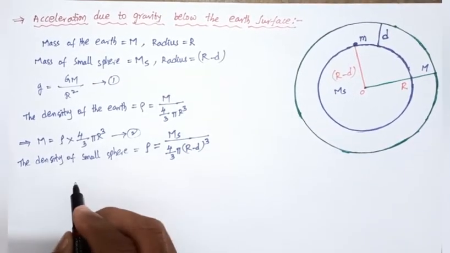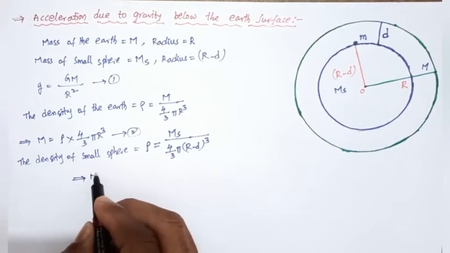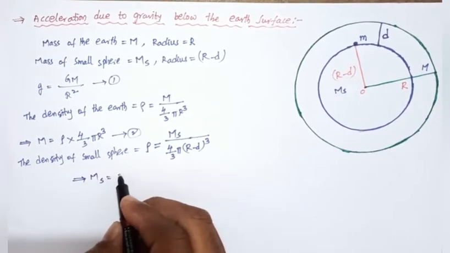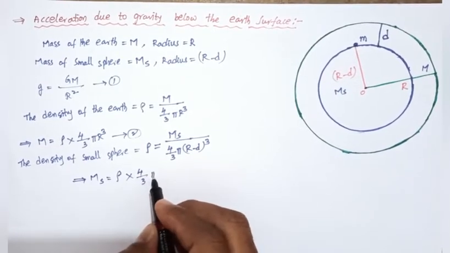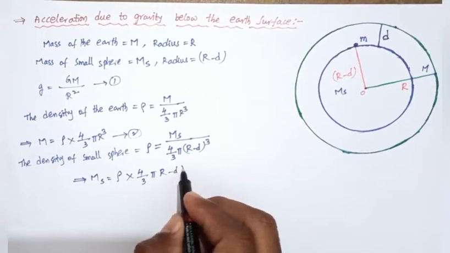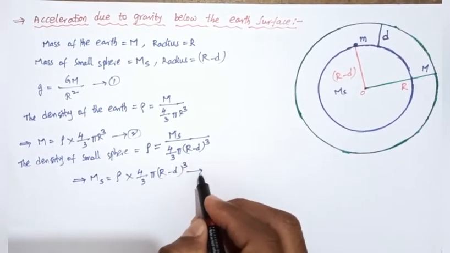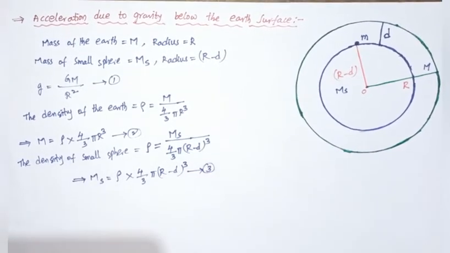From this equation, ms equals rho into 4 by 3 pi (R minus d) whole cube. This is equation number 3.